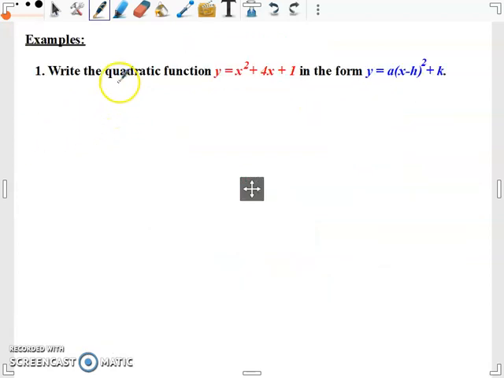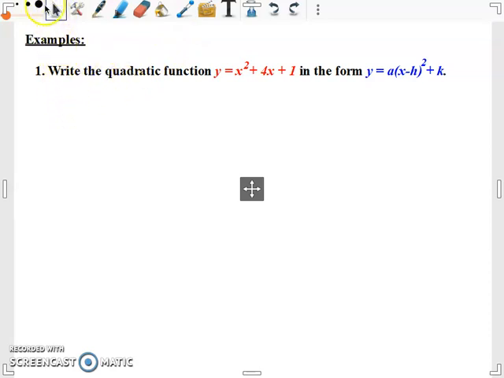So the first question: write the quadratic function y equal x squared plus 4x plus 1 in the form y equal a open bracket x minus h all square plus k. In order to write this in that form, remember I have to use the completing the squares method, which is our topic.